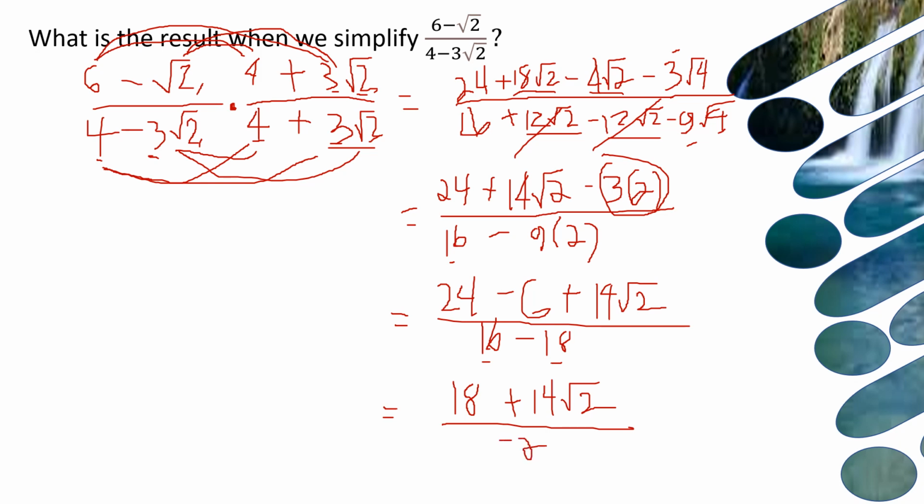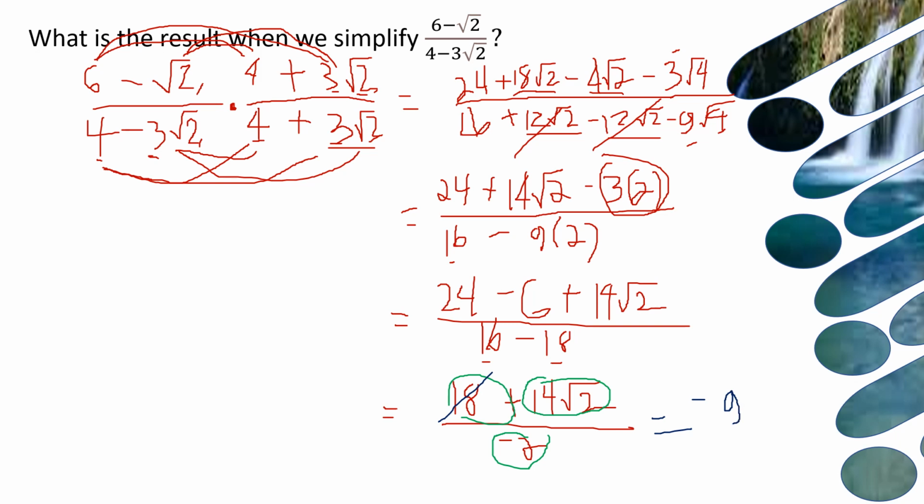And since these terms have a common factor, which is 2, I mean this 18, yeah, this 14 square root of 2, and this negative 2 can all be divided by negative 2. So if we divide 18 by negative 2, we have a result of negative 9.